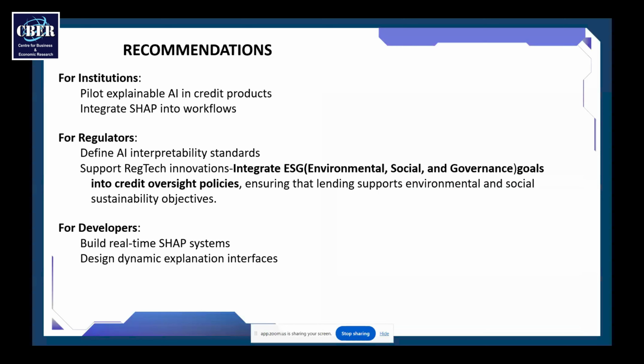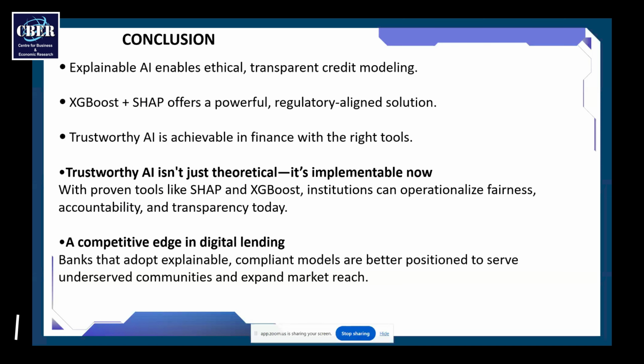Banks should employ SHAP because it explains more and it's more transparent. And for developers, they should build real-time SHAP systems and also enhance the workability to ensure loans are properly approved or denied, decisions are taken properly.